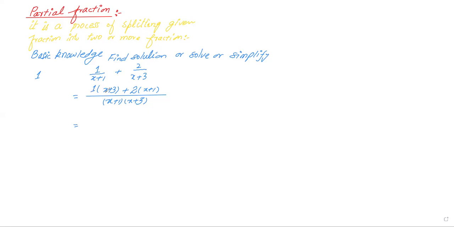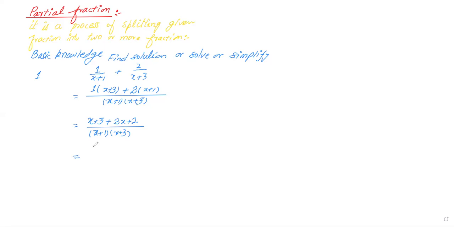I multiply 1 by x plus 3, so I get x plus 3. Plus 2 multiplied by x plus 1, I get 2x plus 2. Divided by the same thing, x plus 1 times x plus 3.